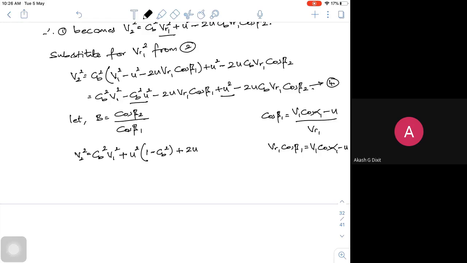So I will write this particular thing in a different form. If I take 2U into VR1 cos beta 1 outside, that also I can bring out.